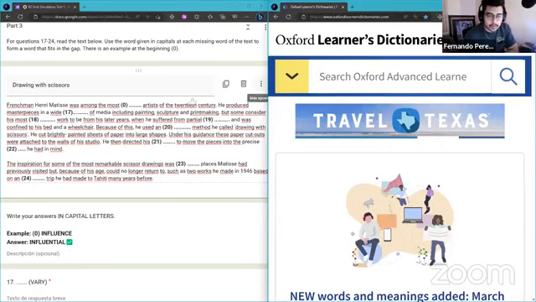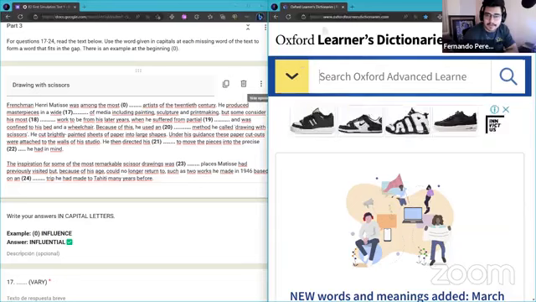What type of word do we need in number 19? Let's start with Mike. According to the word before and the word after, what kind of word do you need in this case? Mike, you there?